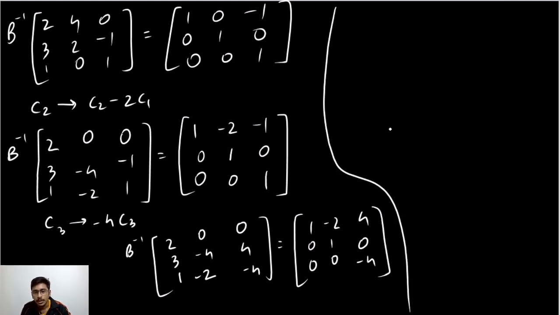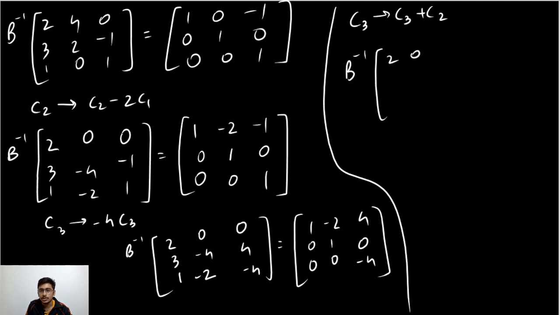Okay, so now what I can do is simply add it. So C3 becomes C3 plus C2. Then what I'll get is B inverse into 2, 0, 0, 3, 1, minus 4, minus 2 as it is, but I'll have to add them.